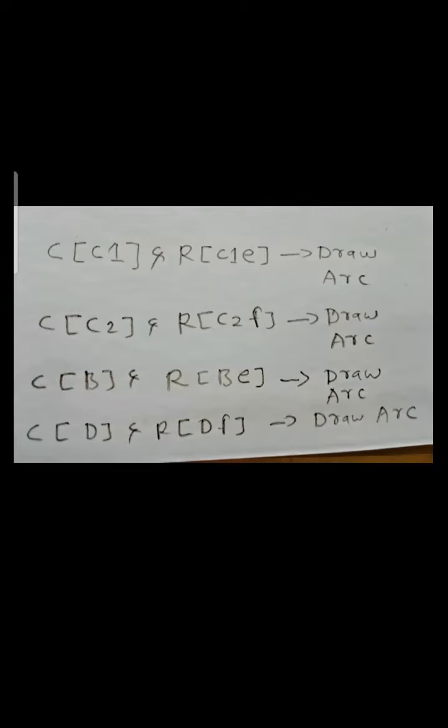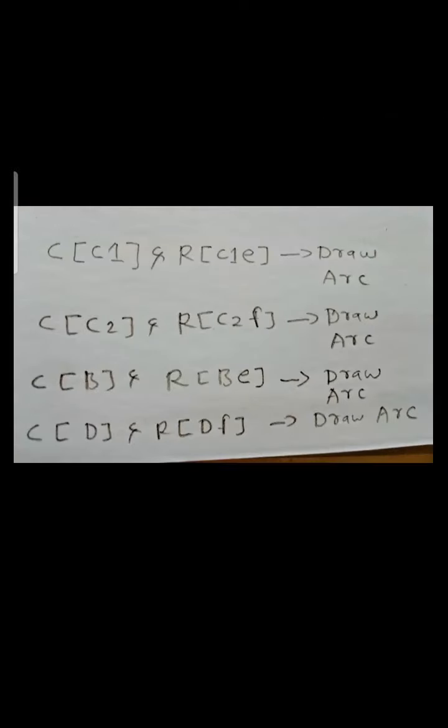C1E is a quarter circle, C2F is a quarter circle. Then take center as point B, that is the point of the shorter diagonal, and radius as BE. Draw another arc. Then take center as point D of the shorter diagonal and radius as DF. Draw another arc. That will give you the complete isometric circle.